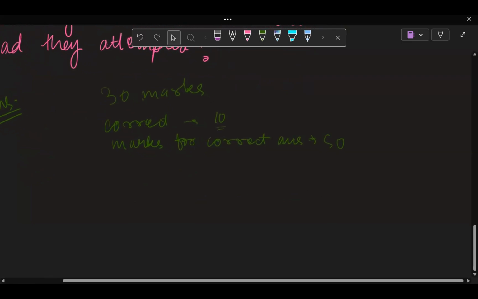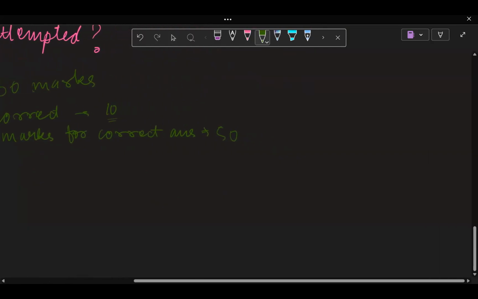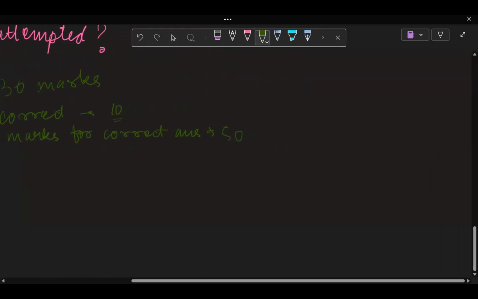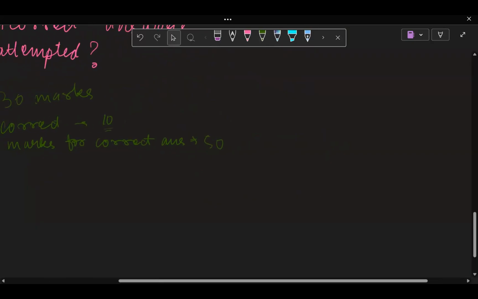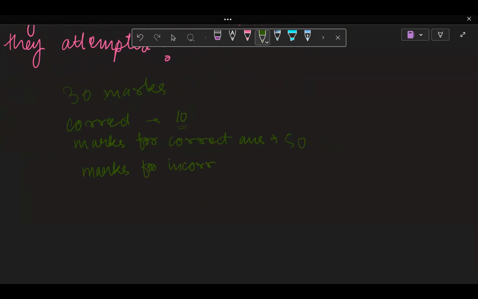Okay, but she scored 30 marks. So how many marks did she lose? Marks for correct answers are 50, minus 30, so this becomes 20 marks.